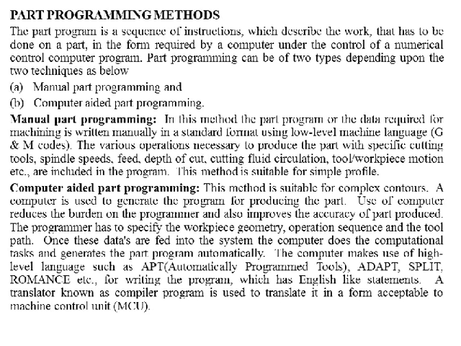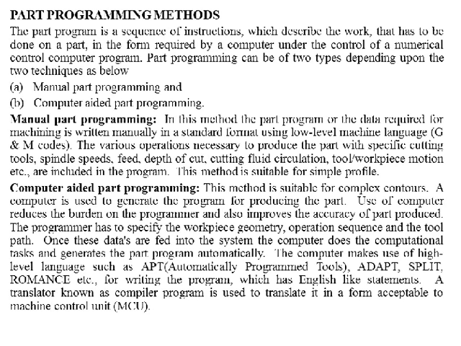The various operations necessary to produce the part with specific cutting tools, such as spindle speeds, feed, depth of cut, cutting fluid circulation, and tool workpiece motion, will be included in this program. So a manual part program is one which is written manually in a low level machine language using G codes and M codes, and it includes the operations required for performing the machining of the workpiece.